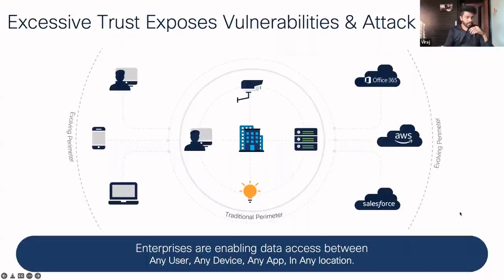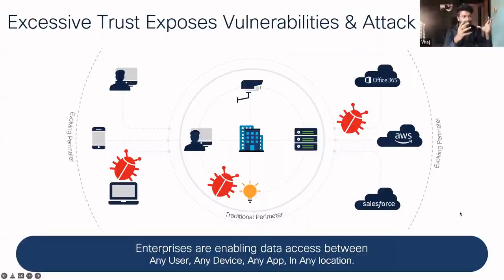The other problem with an increased perimeter is that, since the attack surface has increased, if you come across a hacker, an attacker or even a vulnerability at that point, it's able to get access to each of these because of the excessive trust that we are giving, right?